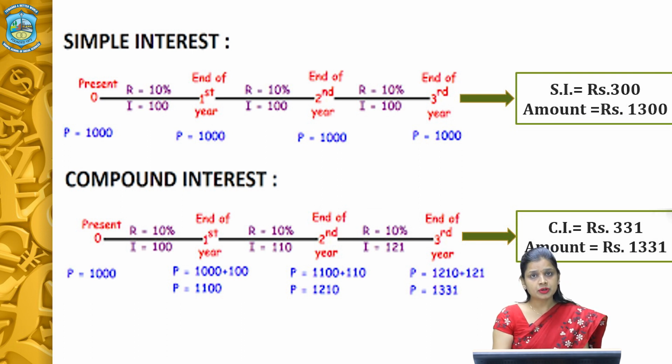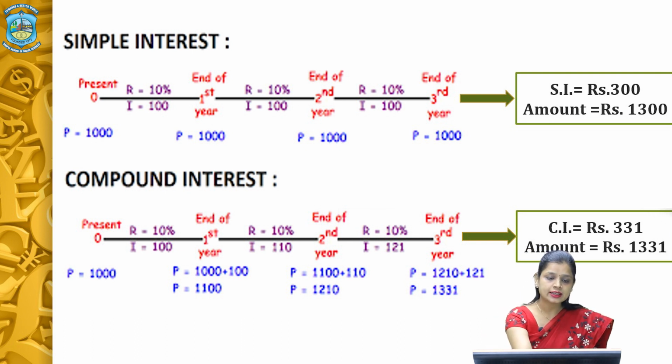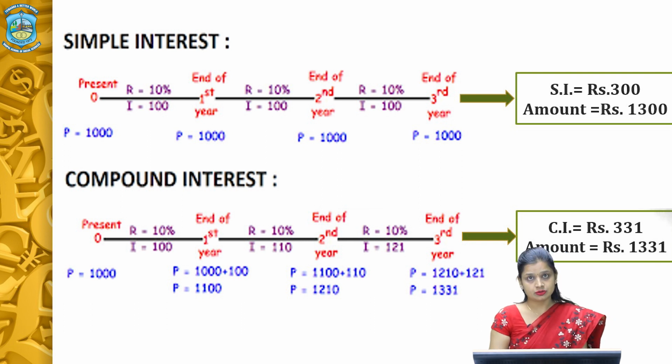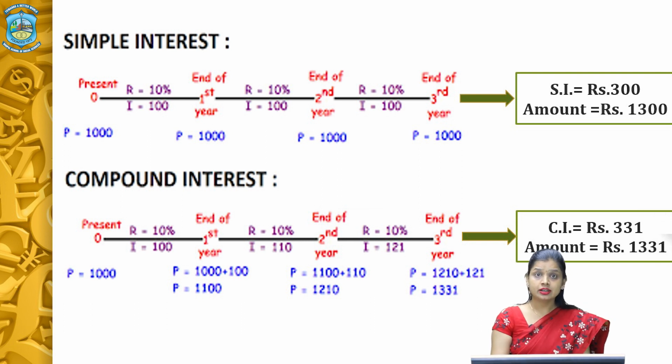But in simple interest this principal amount will be the same for the next year. So, for the second year P is 1000. In the second year you have to pay simple interest on this principal amount 1000, which is again 100 rupees.